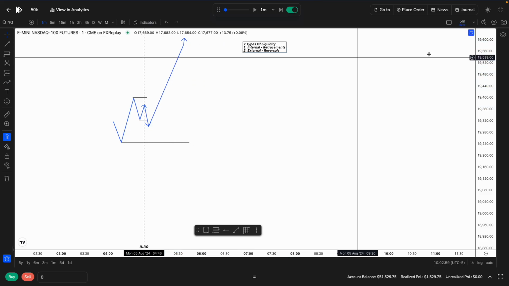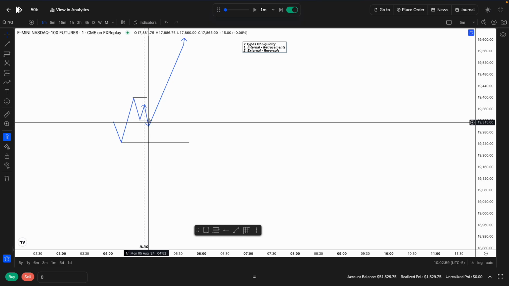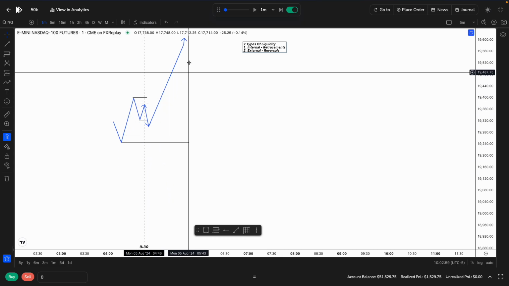No. And these are why half the trades that you enter long off of these lows, you go into profit and then you get stopped out.